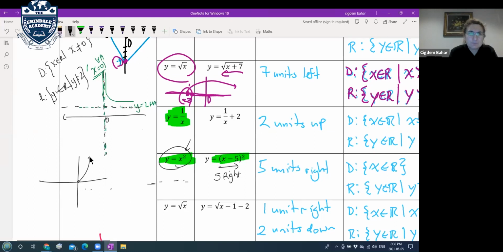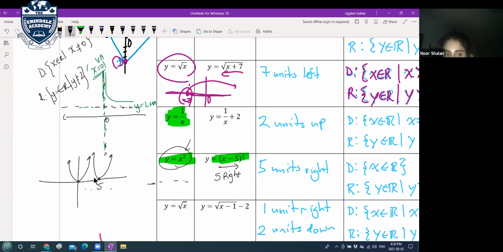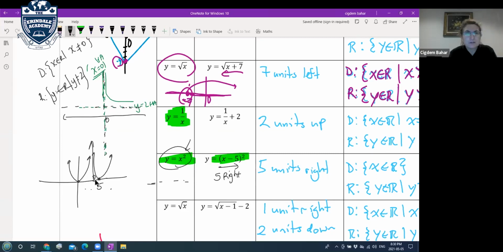This is the parabola. When it's here, you are starting from 5, but it doesn't change your domain. It's still all real numbers. Your range is again from 0 and up, because when x is 5, y is 0. This is your vertex.